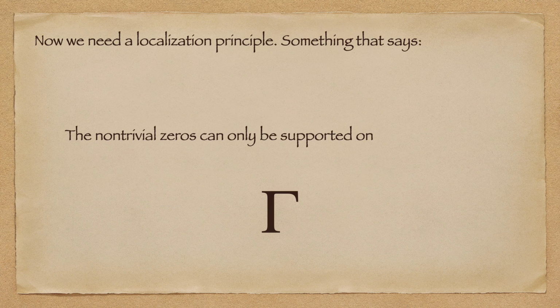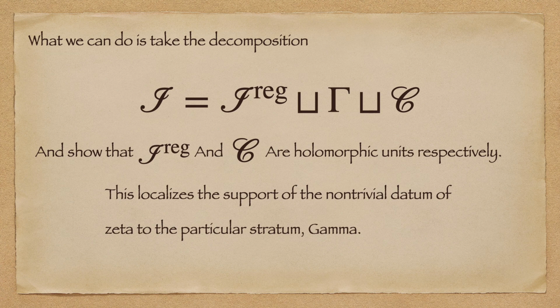So now we need a localization principle. We need something that says the non-trivial zeros can only be supported on gamma, for example, or some other stratum of the seed. What we can do is decompose \mathcal{X} into its regular part, then its gamma set, and then its cone points.